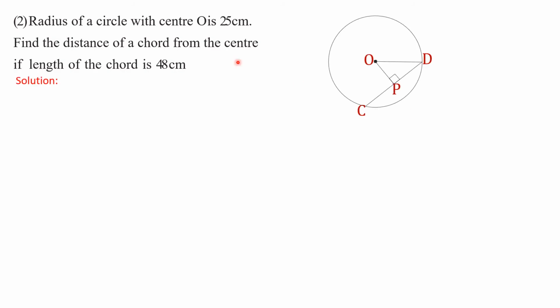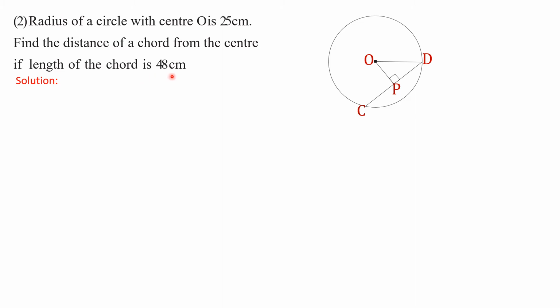In this given example, O is the center of a circle with radius 25, means OD is 25 centimeters. Find the distance of the chord from the center, means here we find out this distance OP.